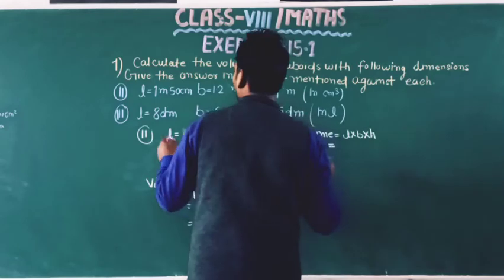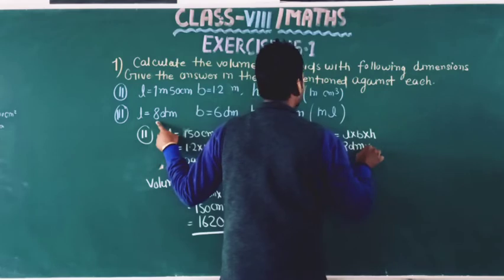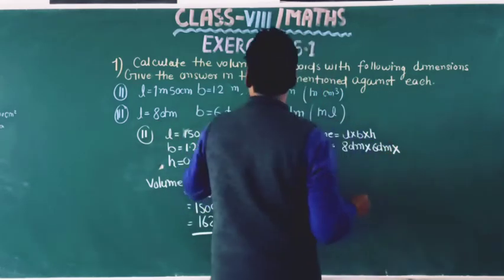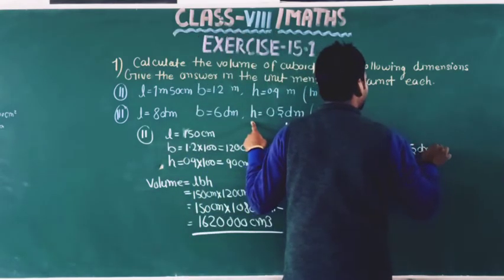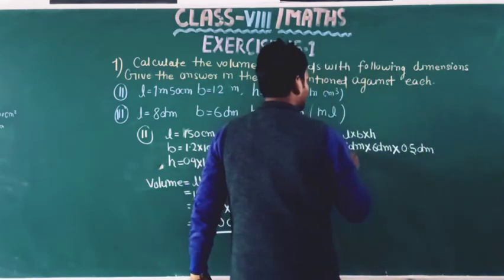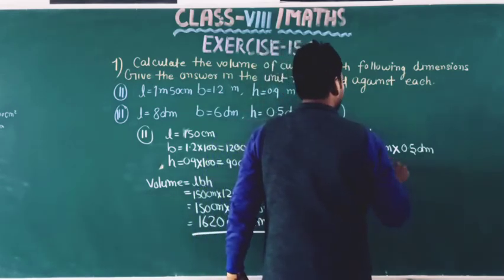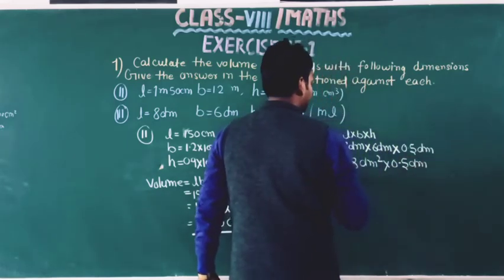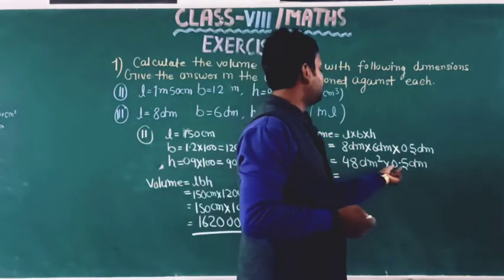So therefore length is 8 decimeter into breadth is 6 decimeter and height is 0.5 decimeter. 6 8s are 48 decimeter square into 0.5 decimeter. Again multiply 48 by 0.5.